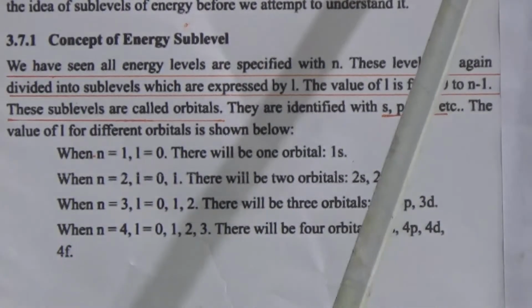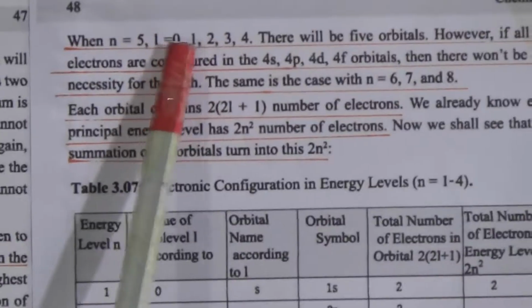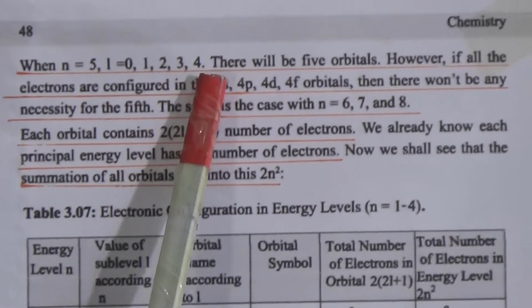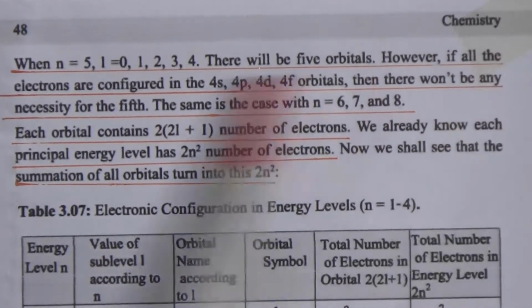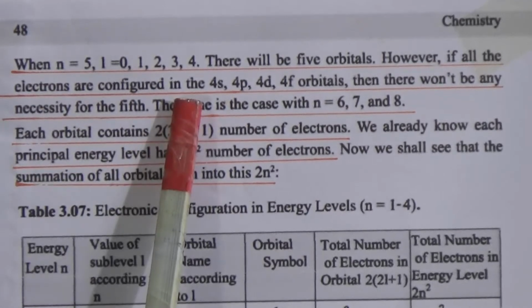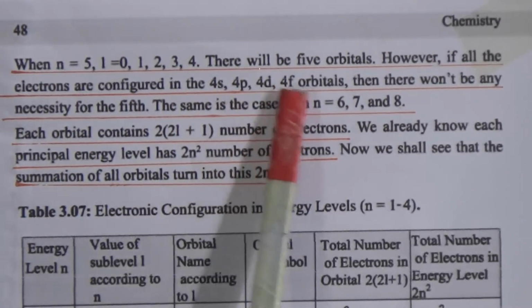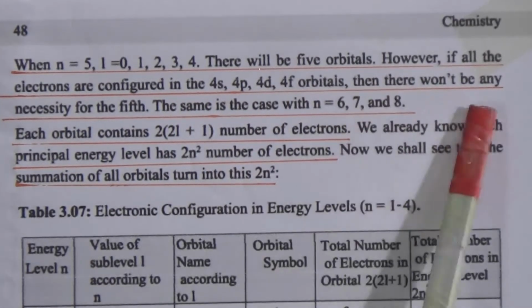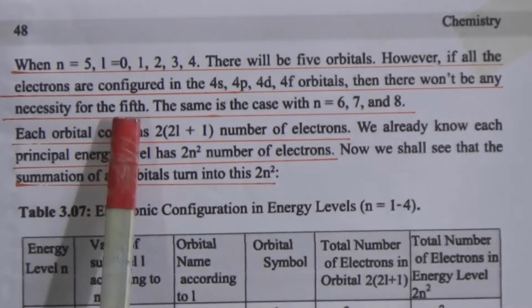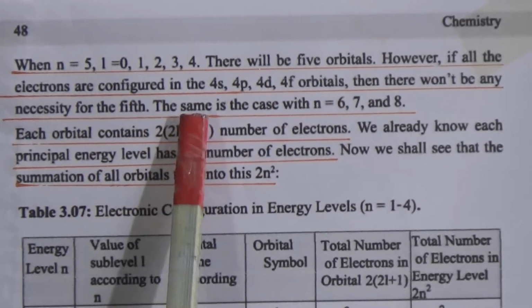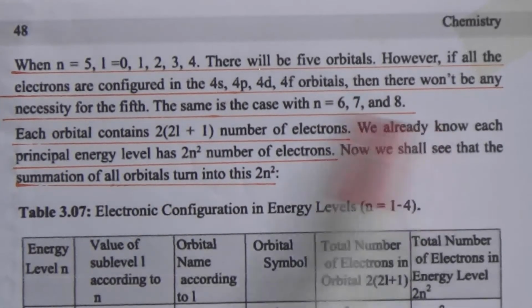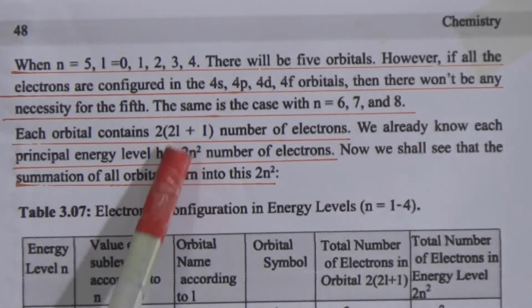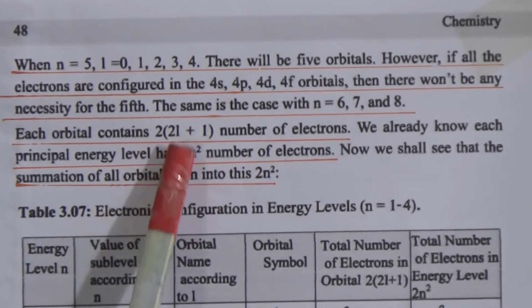When N is equal to 5, L is equal to 0, 1, 2, 3, 4 and there will be 5 orbitals. However, if all the electrons are configured in the 4s, 4p, 4d, 4f orbitals, then there won't be any necessity for the 5th. Then the same is the case for N equal to 6, 7 and 8.